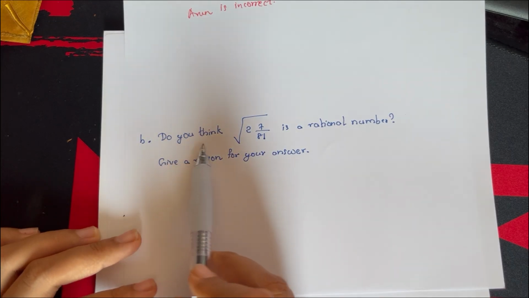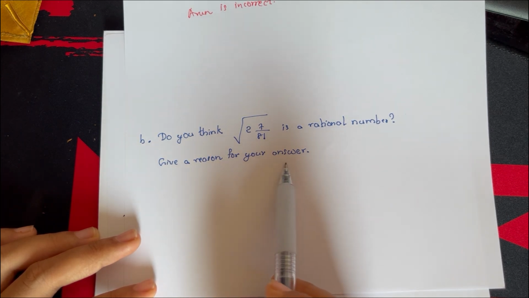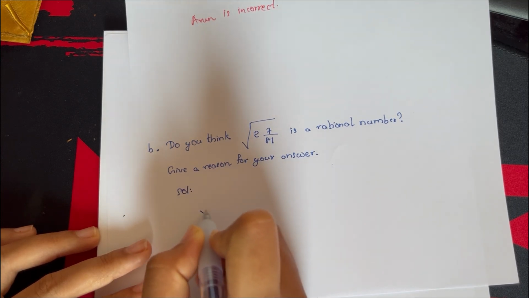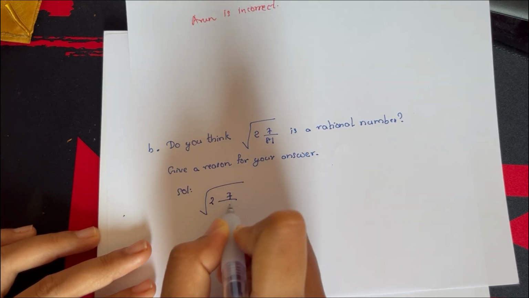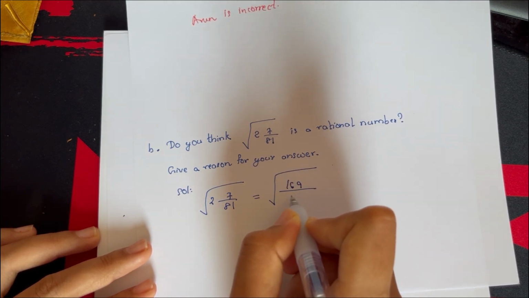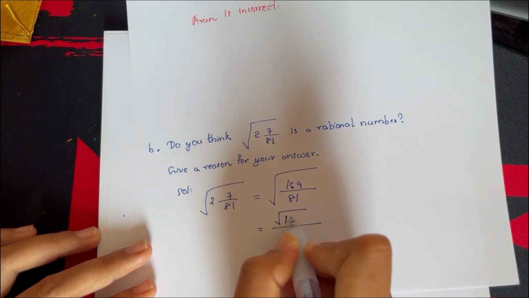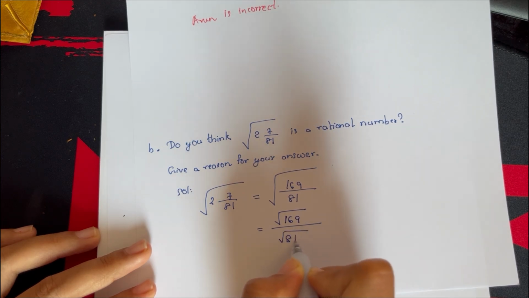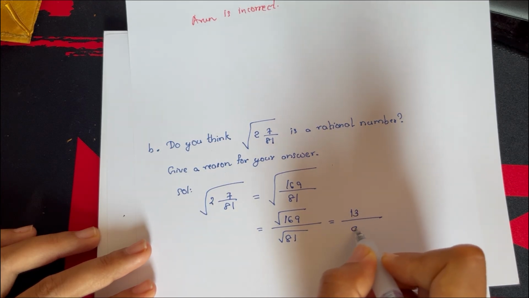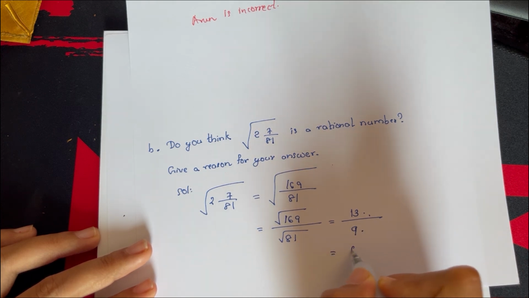Question B. Do you think the square root of 2 7/81 is a rational number? Give a reason for your answer. So let's find out. The square root of 2 7/81 equals the square root of 169/81, and that equals the square root of 169 over the square root of 81. The square root of 169 is equal to 13 and the square root of 81 is equal to 9. 13 is an integer, 9 is an integer, this is a fraction and this is a rational number.